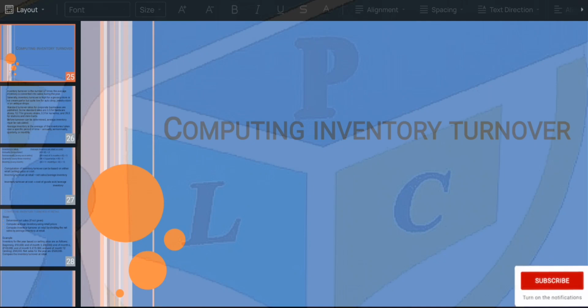What is happening here? The inference we can derive is that at any time you check, the money you were having, at first 100 cedis in the morning, then 80 cedis in the afternoon, and 50 cedis in the evening, has been reduced. So this is what inventory turnover is.